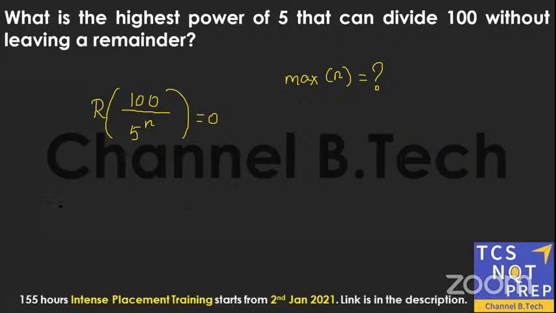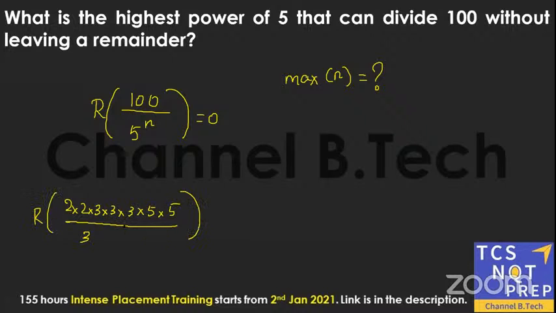If I have an expression 2 into 2 into 3 into 3 into 3 into 5 into 5. Okay, this is a number. When I divide this by 3, what will happen to the remainder?